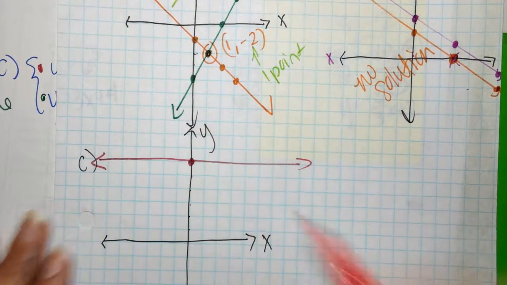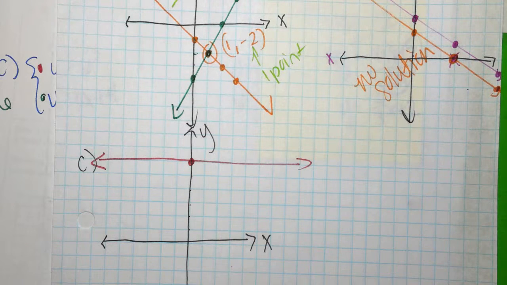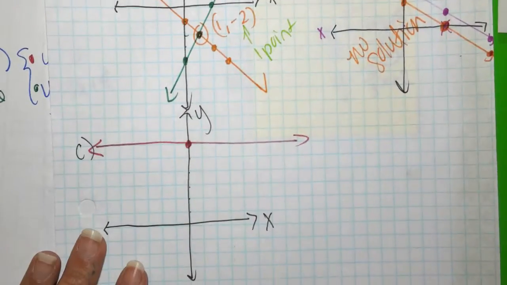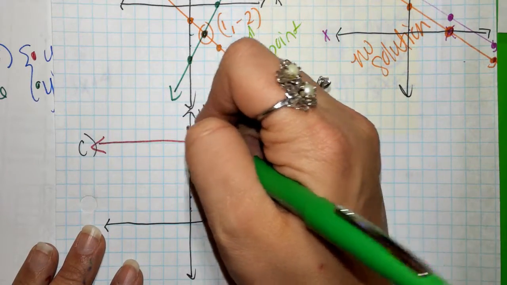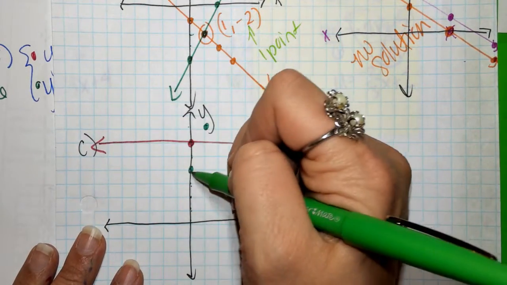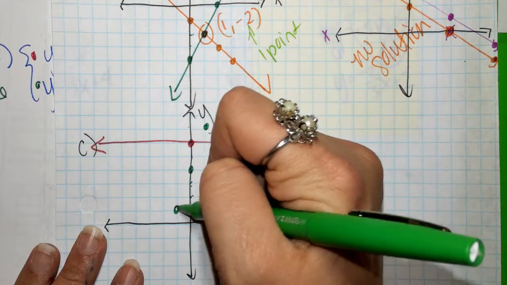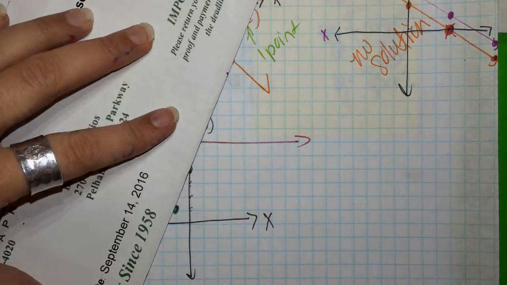Boom, it would look like that. Alright, for the next one, it's y equals 3x plus 4. So I would go up 4, put a dot, and then I would go up 3, right 1. Down 3, left 1. Agree, disagree?